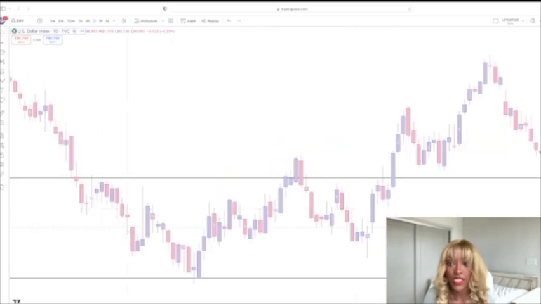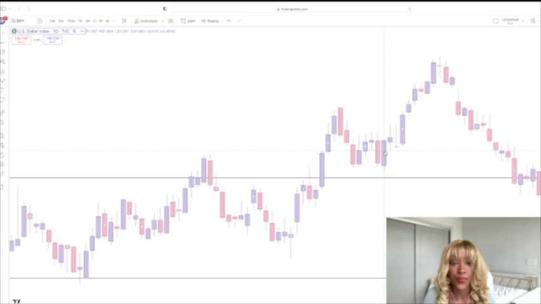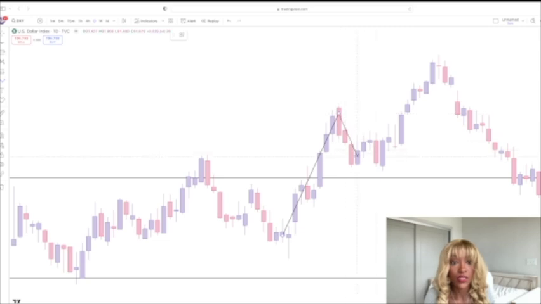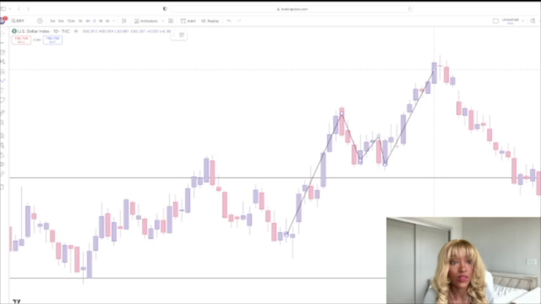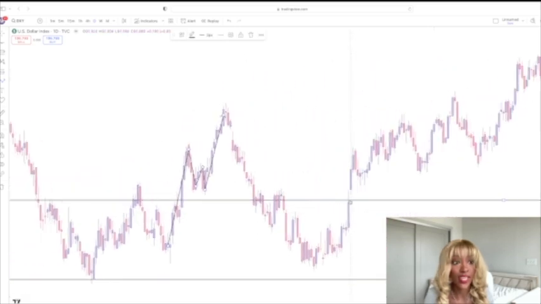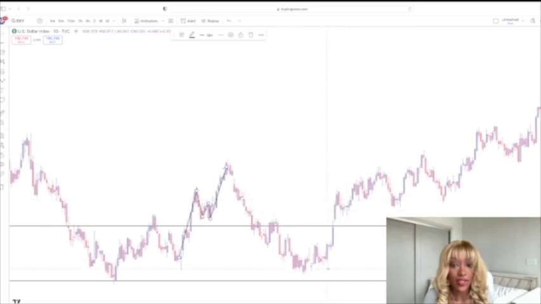So it ranged in between this area for a while before it decided to give us this break to the upside. So right here is our uptrend. Short-term uptrend before we came back down into this area and then headed back up.